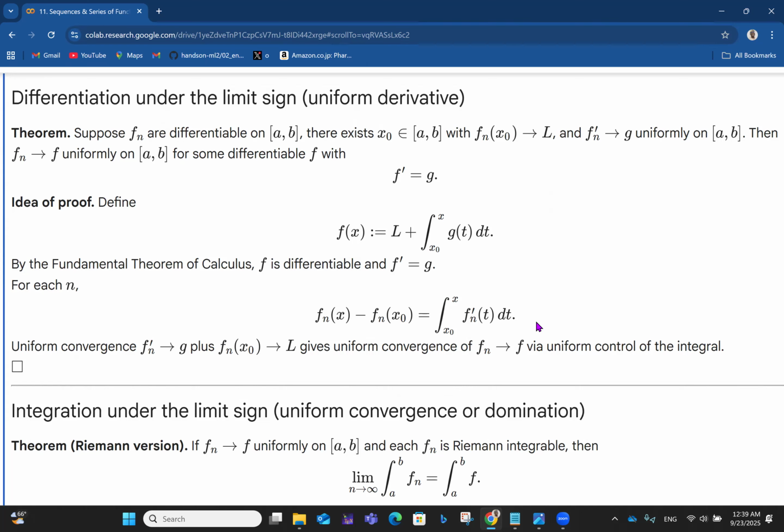If you integrate this function, the prime will be gone, and then you evaluate at x, and then minus Fn of x naught. So this holds from the idea of integration. And then we see that uniform convergence of Fn prime to G plus Fn of x naught approaching L gives uniform convergence of Fn itself to F via uniform control of the integral.